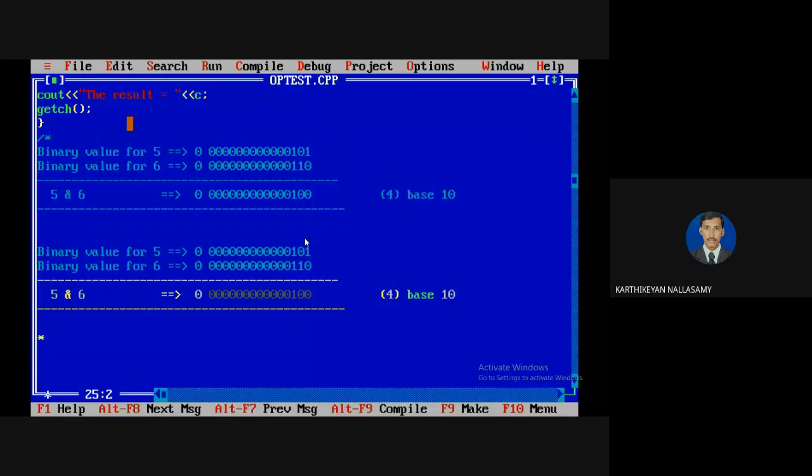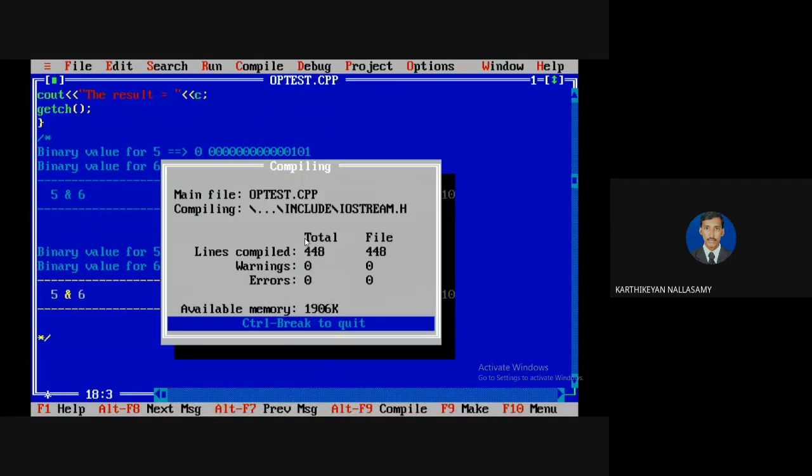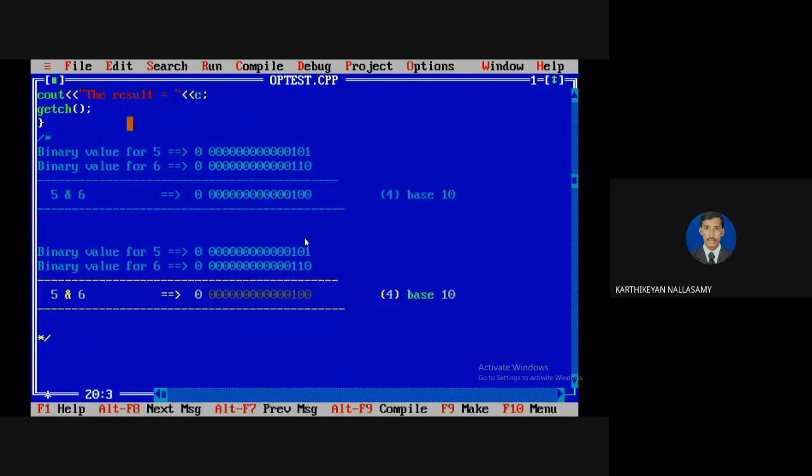Okay, so here, instead of this, we need to apply the OR operator.